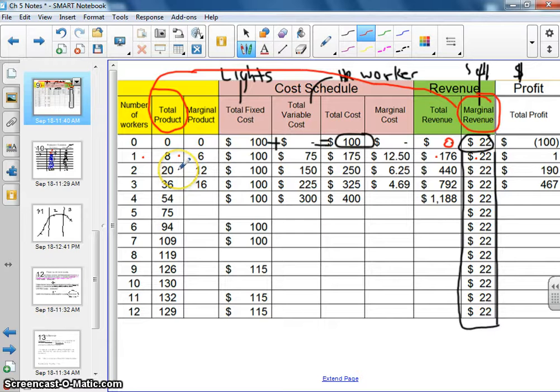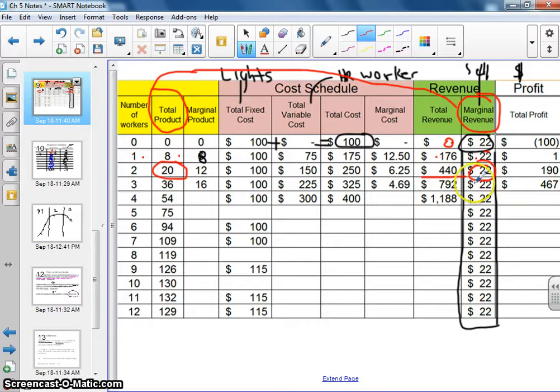Get to our second worker. On our second worker, clean up that mistake there. On our second worker, we go from 8 units to 20 units, okay? We're selling each one of these units at $22 a piece. We have a total of 20 units that are getting made. That's how we're getting $400 in revenue.